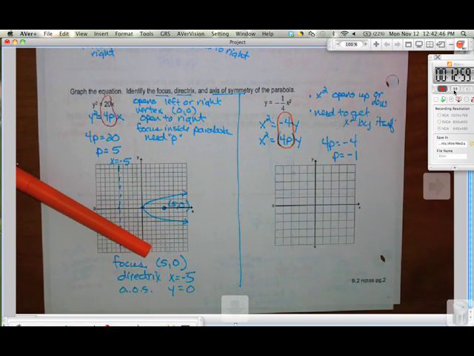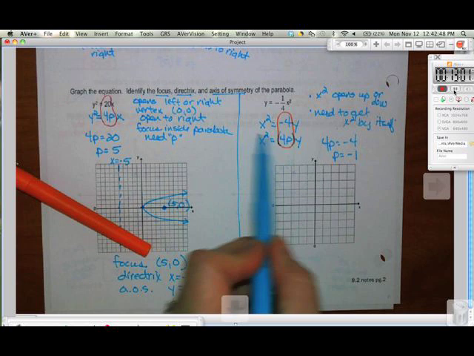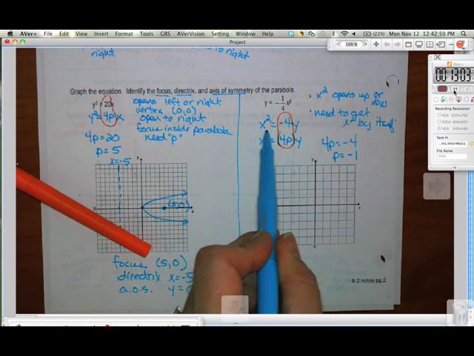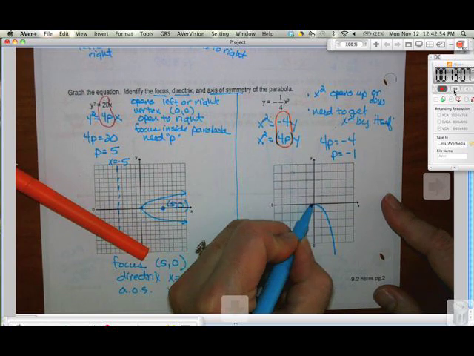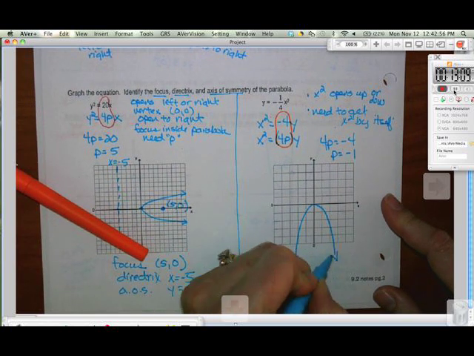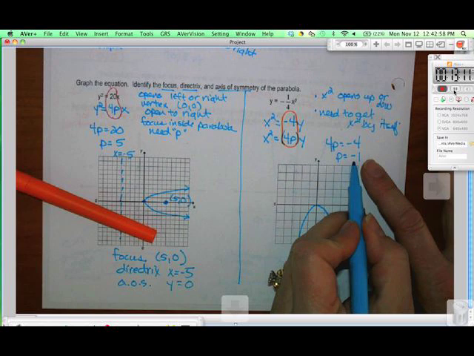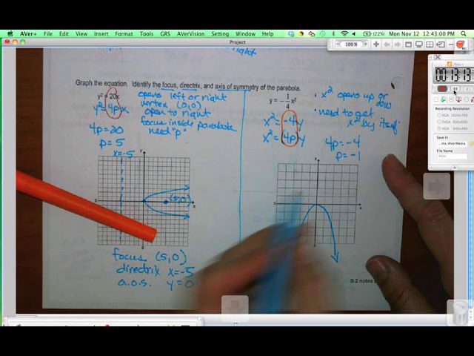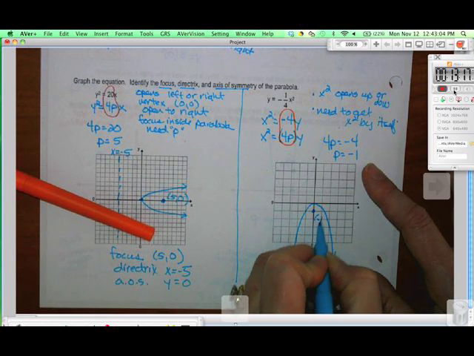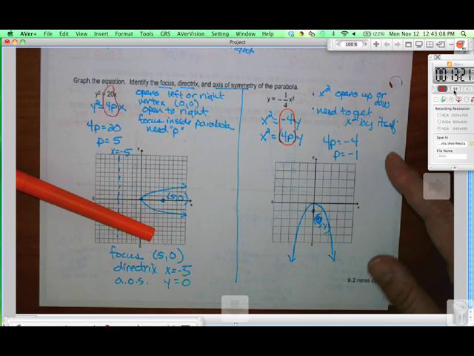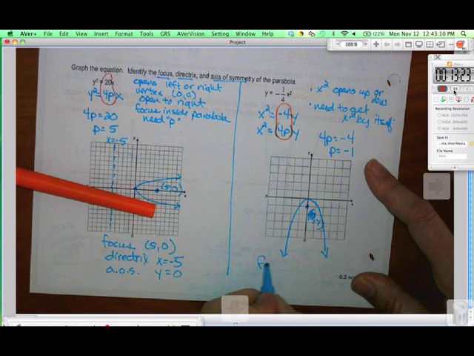All right. So based on this equation, I can see that it opens up or down. Because this is negative, I know it opens down, so I'm going to sketch it down. And this tells me that my focus is 0, negative 1. So I can write that down here. Focus is 0, negative 1.